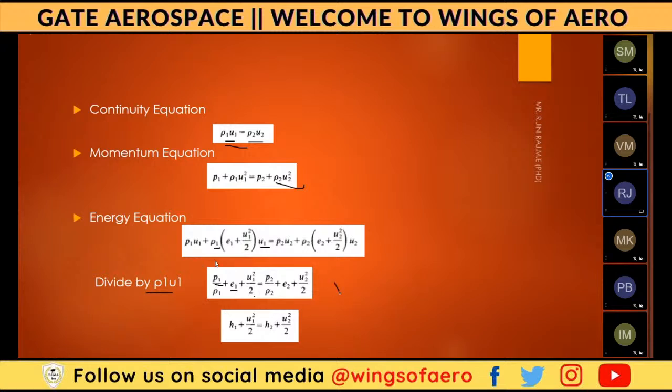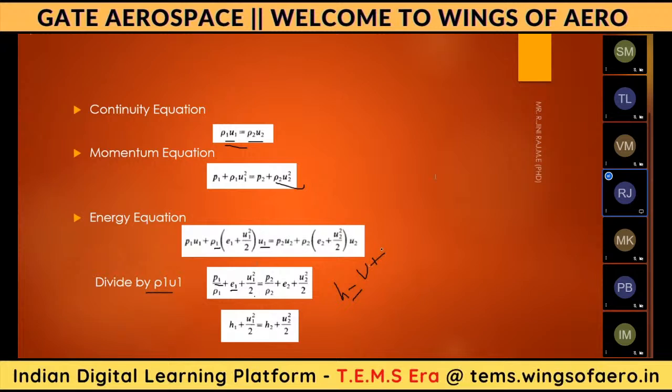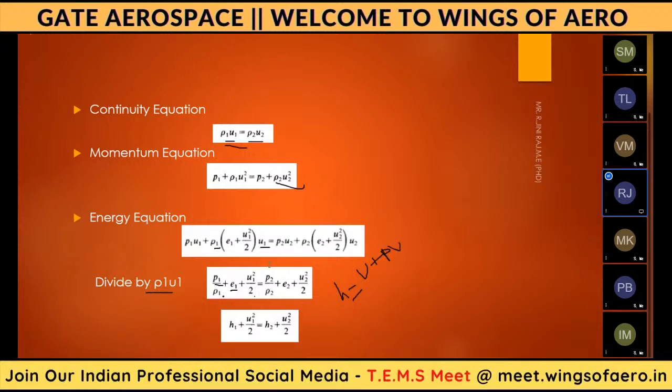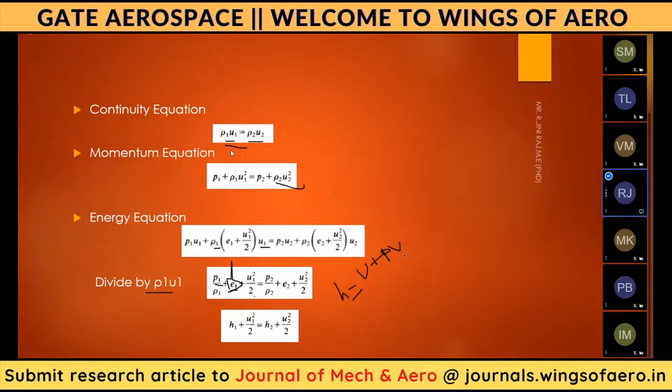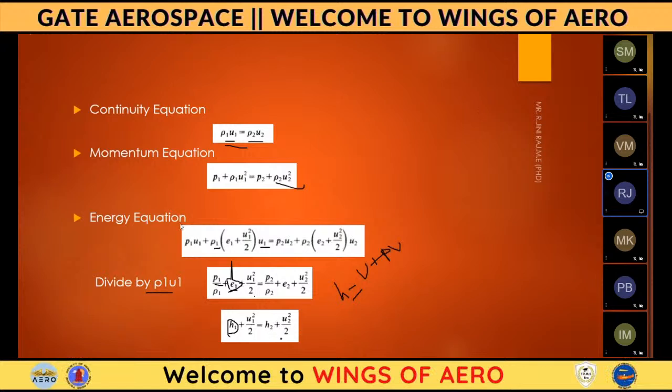So we know h equals e plus pv, where e is the internal energy. Here v equals 1 by rho. Therefore, p by rho plus e equals h. So h1 plus u1 squared by 2 equals h2 plus u2 squared divided by 2.